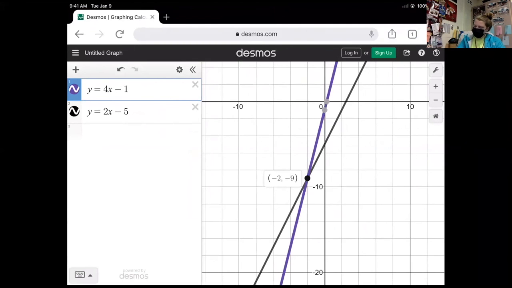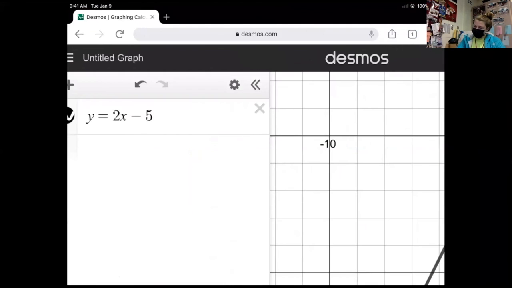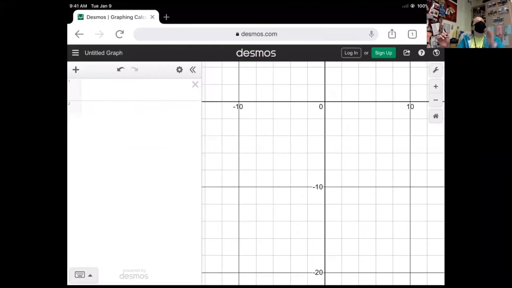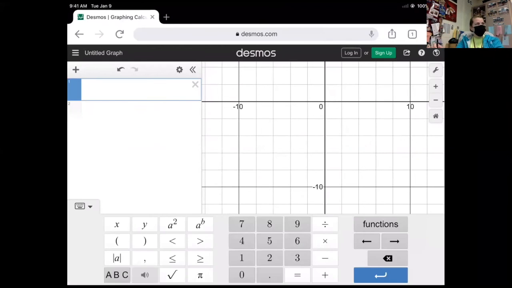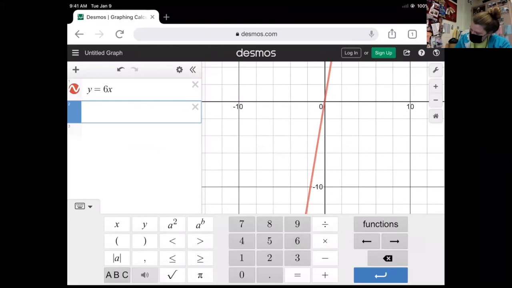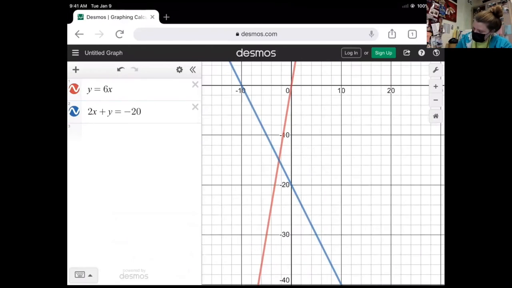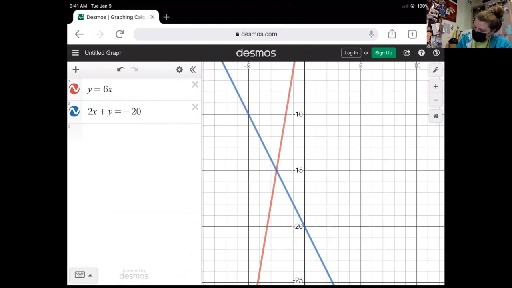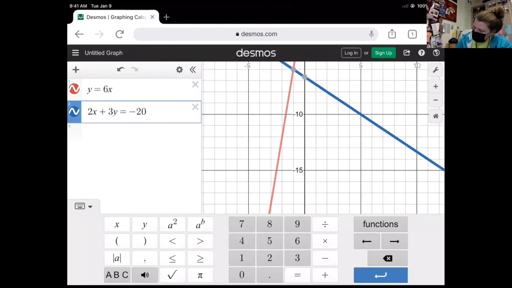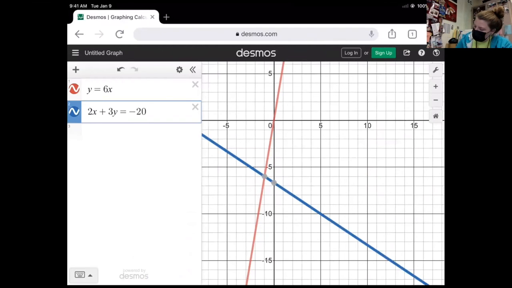It's giving me like 3 points. You got to make sure you're clicking on the point where they cross. You may need to zoom in a little bit. I got -1, -6. That's right. Oh, I forgot to put the negative. What's the second one? 2x plus 3y equals -20. So you're worried about the point where they cross each other, which is -1, -6. Woohoo!